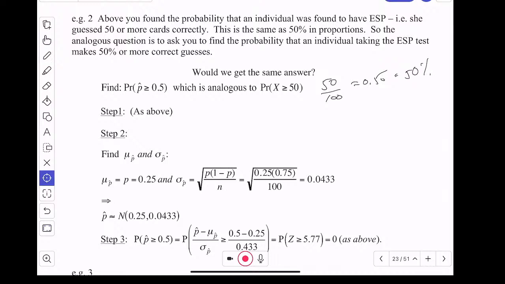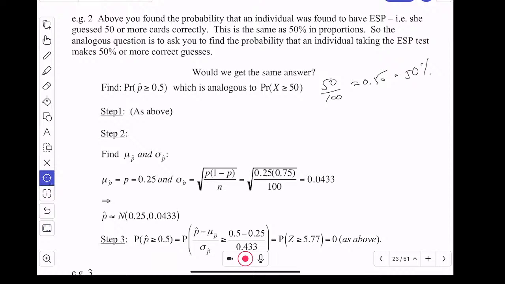So we're going to check that the sample proportion is greater than or equal to 0.5. First of all, we know that the step 1 check to make sure we can do this is true. n times p is greater than 10, and n times 1 minus p is greater than 10. We already checked that before.